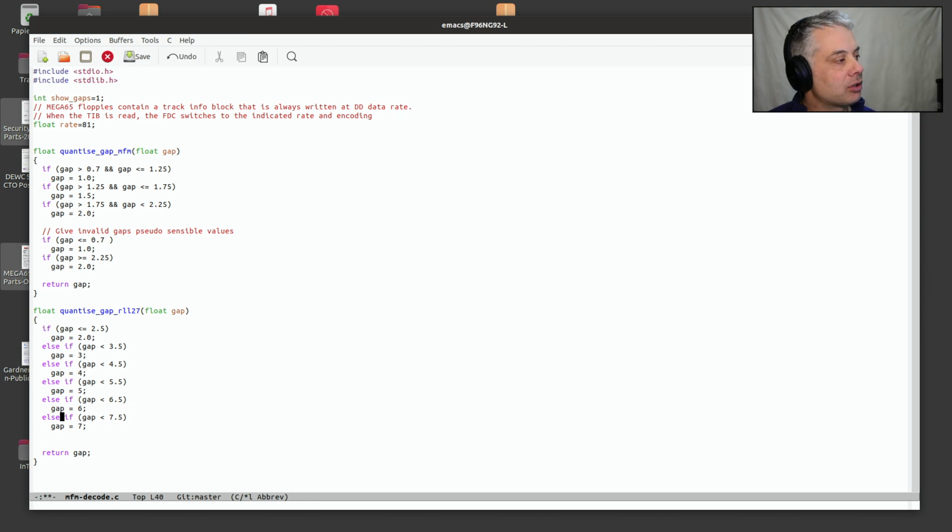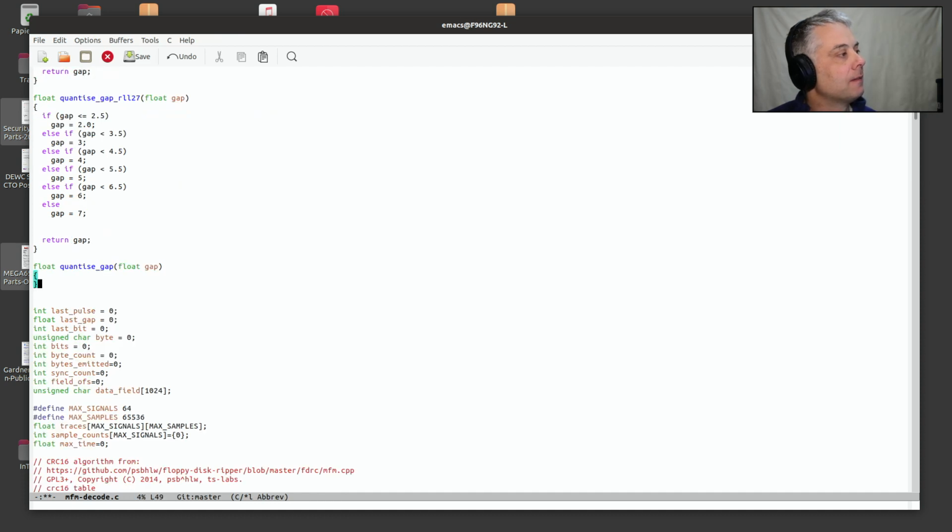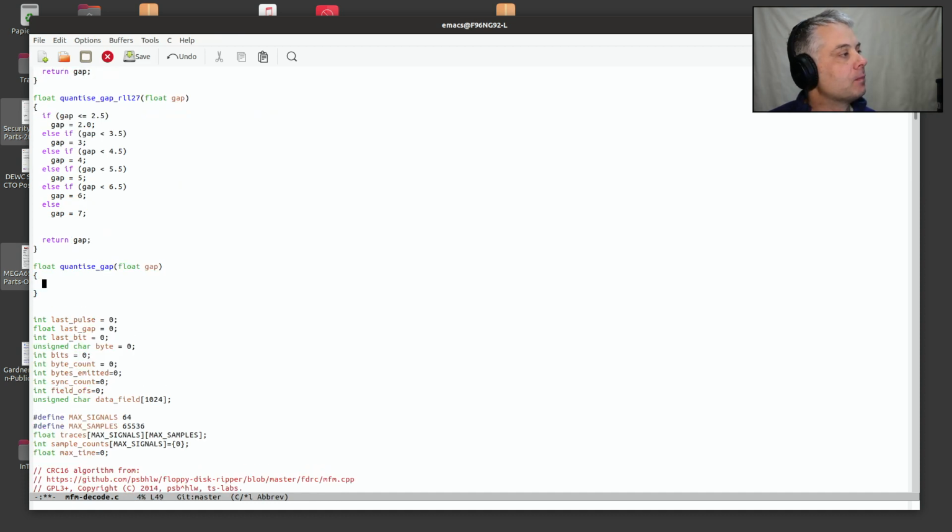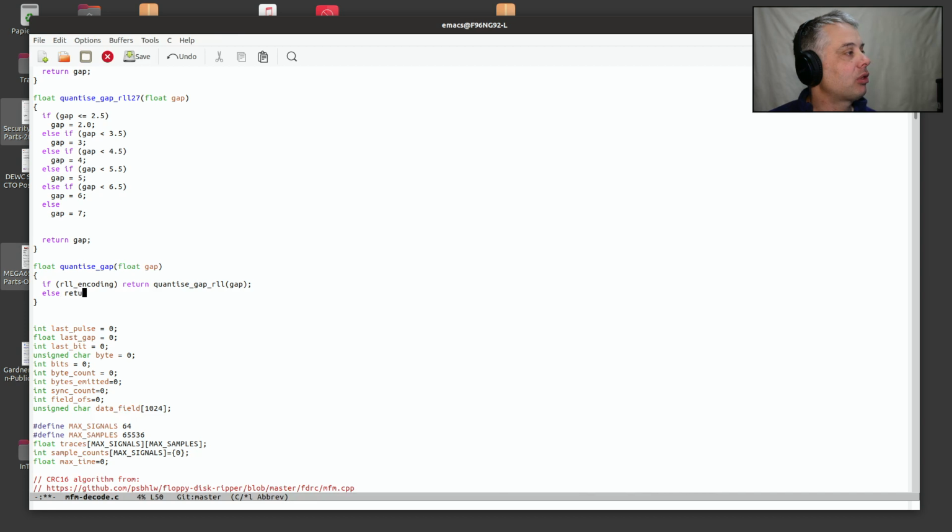Well, in actual fact, if the gap is longer, we just call it 7, right? Float quantize gap, float gap. If RLL encoding, return quantize gap RLL gap, else return quantize gap MFM.